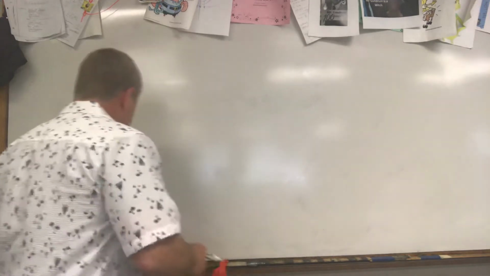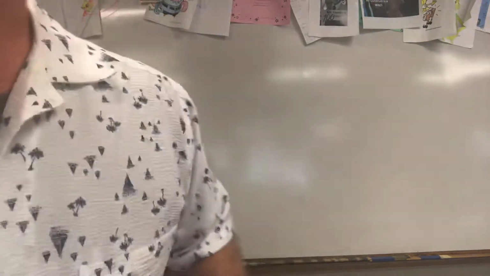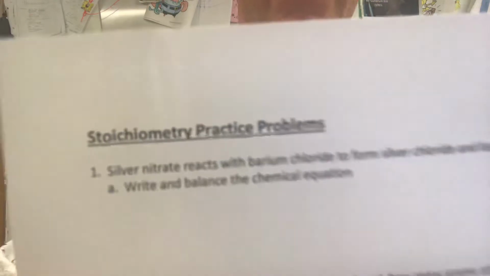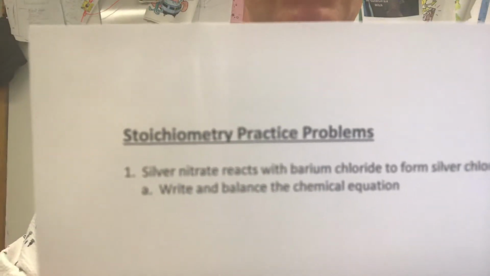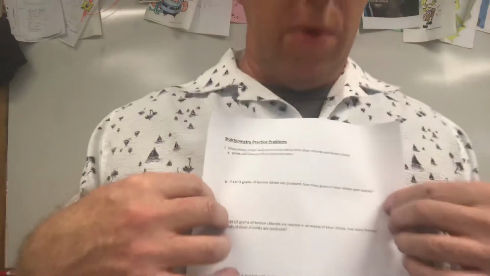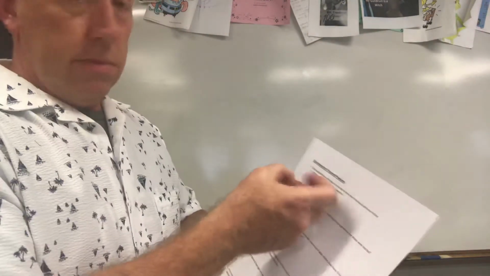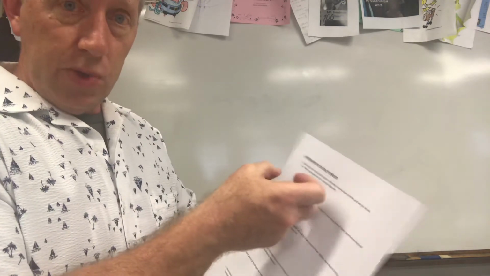Okay, now here's what I have done for you. I have copied into Essential Documents stoichiometry practice problems. Yes, we're going to practice with these, hence practice problems. So you go get that, and let's do some stoichiometry.